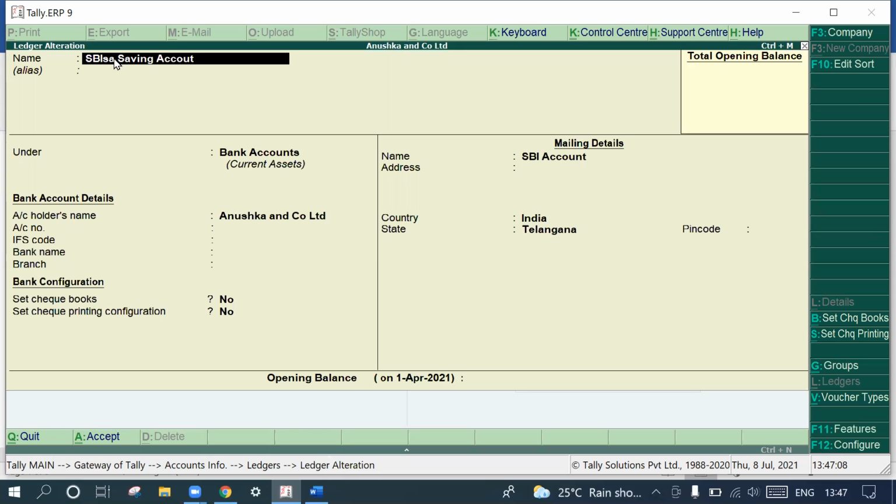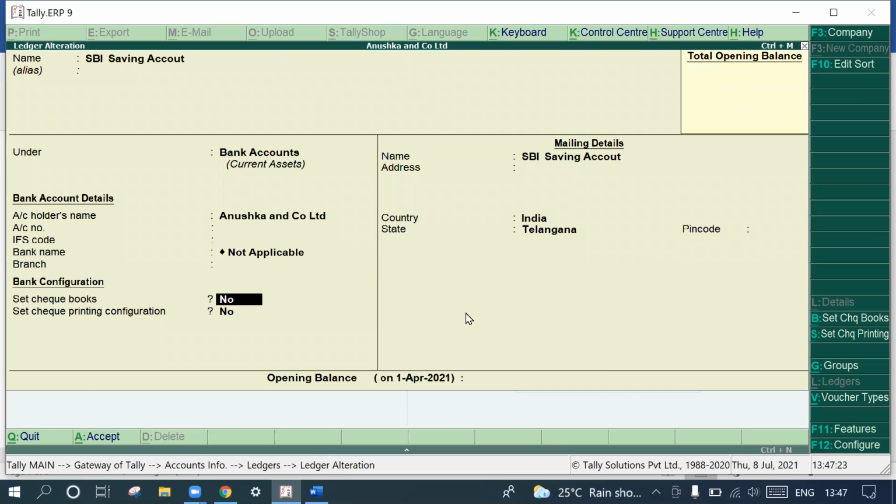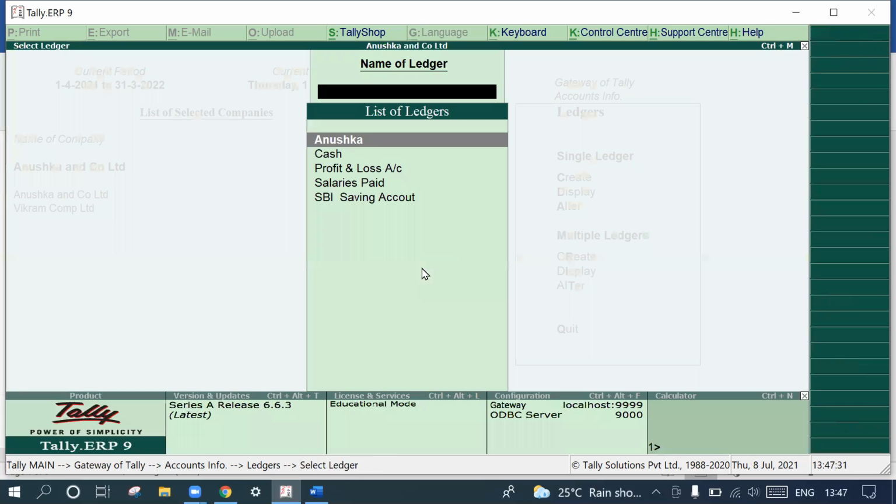Bank account. Yes, saved. If we also want to change all these details, yes, saved. See now, saving here. What happened? It is changed to saving account. In this way, we can alter any account except cash and profit and loss account.